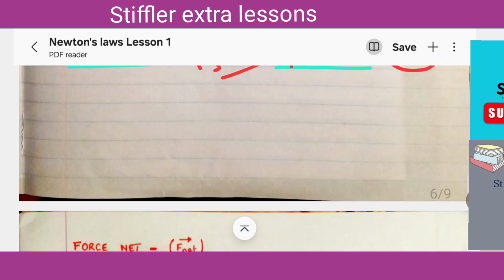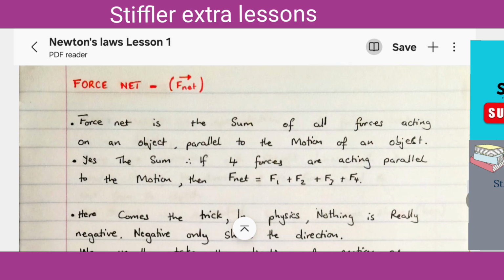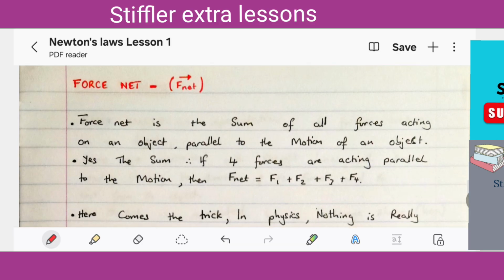So now we can move on from the force applied. Let's talk about the net force, or the force net. So what is the force net? This is the sum of all forces acting on an object, parallel to the motion of the object.